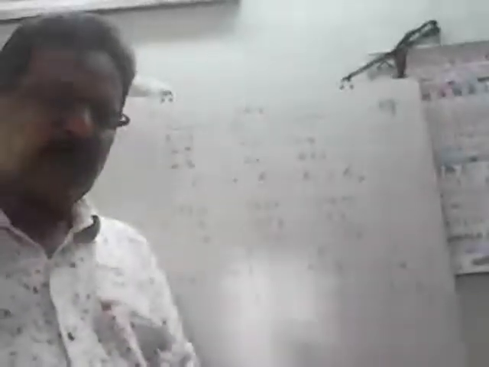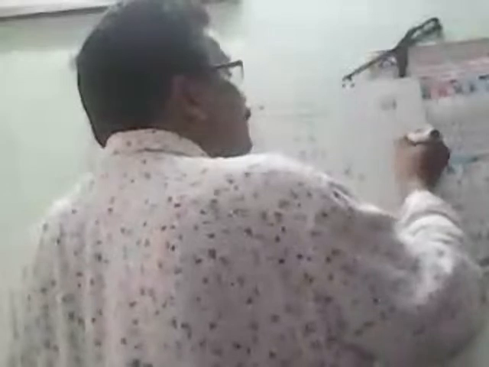When 1, 1, 1 is along a row, apply this: C2 replaced by C2 minus C1 and C3 replaced by C3 minus C1. Remember this. If 1, 1, 1 is along row 1, then apply C2 replaced by C2 minus C1 and C3 replaced by C3 minus C1.